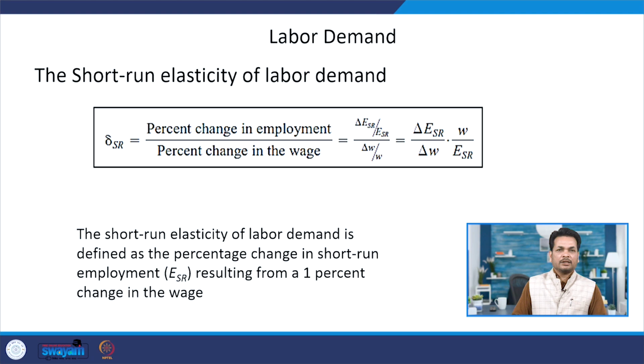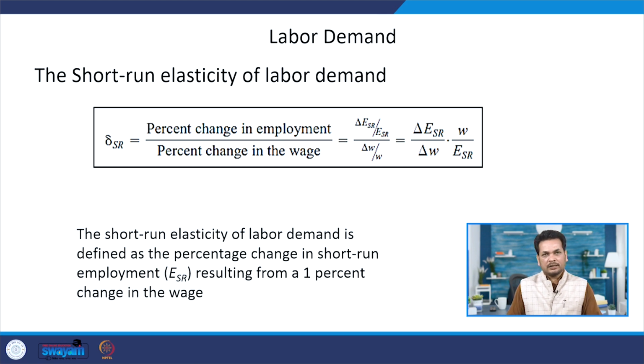So, the short run elasticity of labor demand is the percentage change in the employment divided by the percentage change in the wage, and this percentage change in the employment is mostly related to the short run employment.